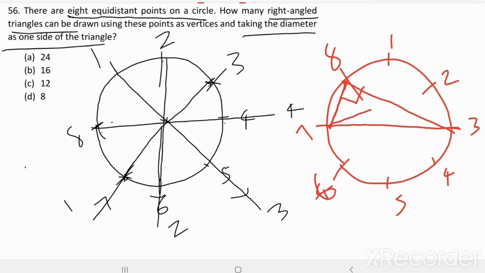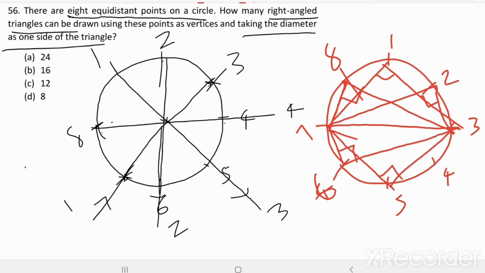If I join 7, 2, 3, this is a right-angled triangle. 7, 1, 3 is another right-angled triangle. So any triangle made up of a diameter and a point on the circle as a vertex is a right-angled triangle. So all these are right-angled triangles.